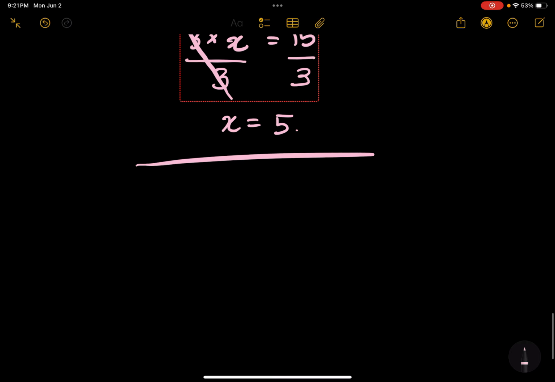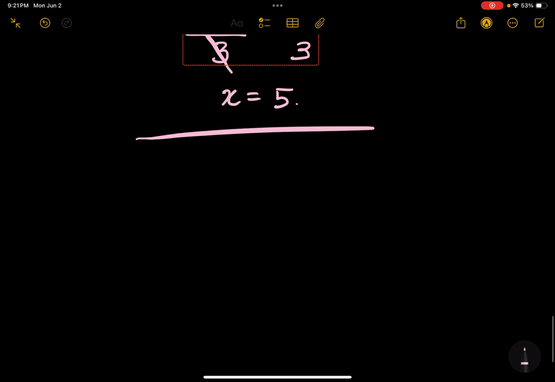Another example is x divided by 4 is equal to negative 3. How would you solve this question? You have to get the x all by itself. How do we do that? You have to do the opposite of this divided by 4.